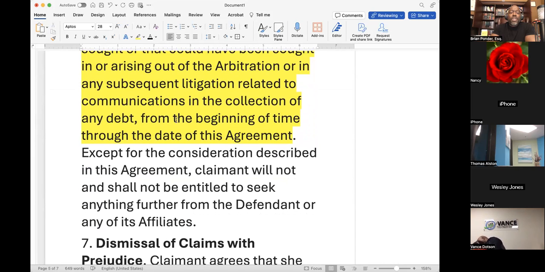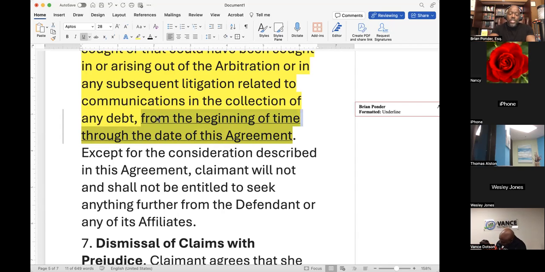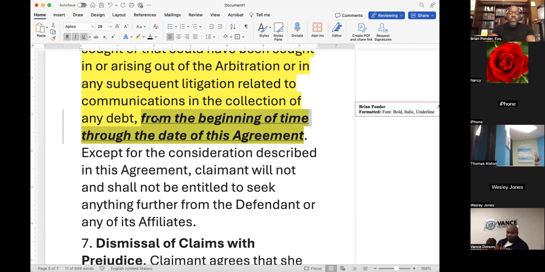Now, here's the part that is from the beginning of time to the day of the agreement. So this is what stops it from addressing stuff that happens in the future. Anything that happened from, whether you believe in Genesis and the Bible or the Big Bang.